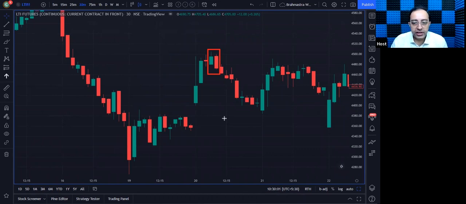Very good. Bearish engulfing. Wicks are not considered because wicks may vary from place to place, but you are checking the participation. That's how the pattern is designed. You are checking the participation, and based on that, you are taking action.